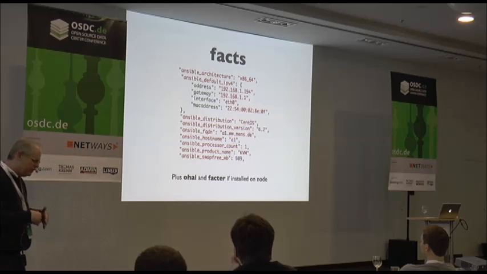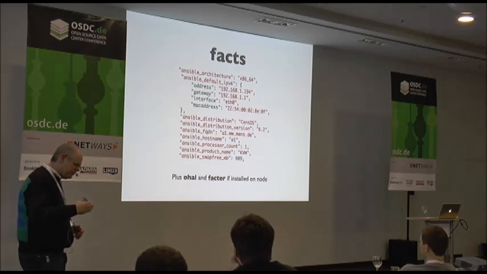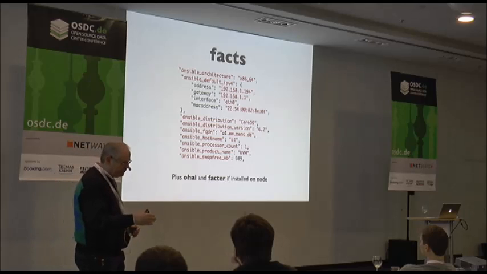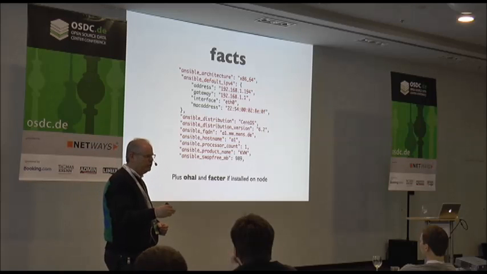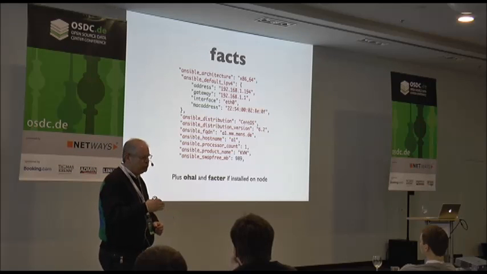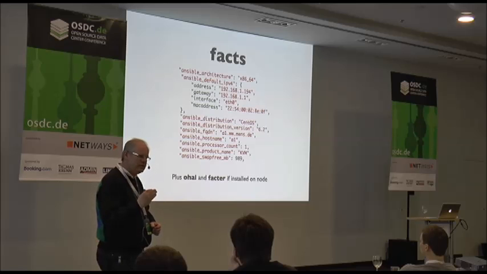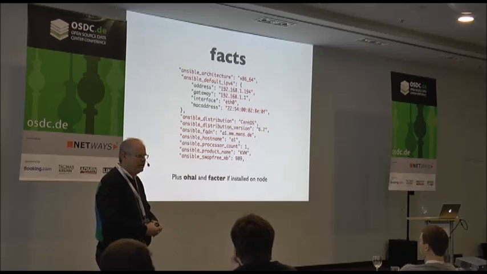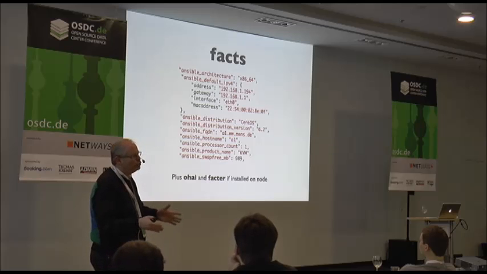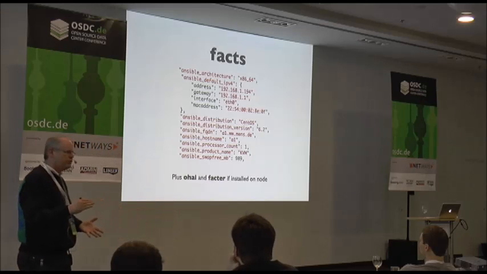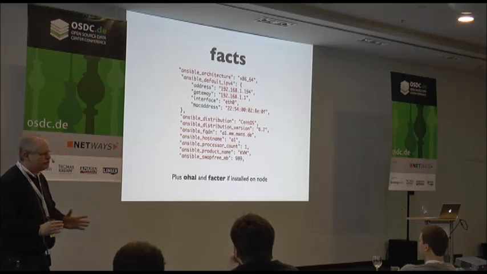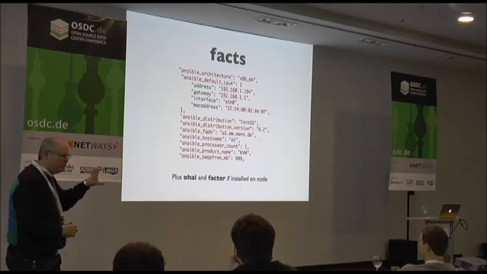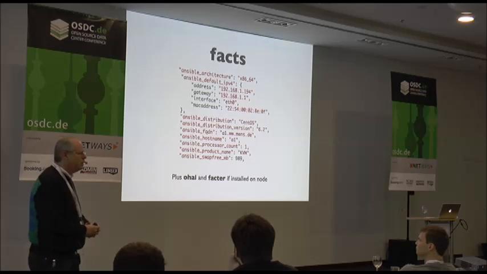When we run Ansible in a playbook, it will, as part of its first operation, which we can disable if we want, but normally it's very useful, run what is called a setup module. And the setup module gathers information about the target node. These facts are brought back as a quite large data structure, which contains all sorts of information. This is just a tiny fragment, for space reasons.